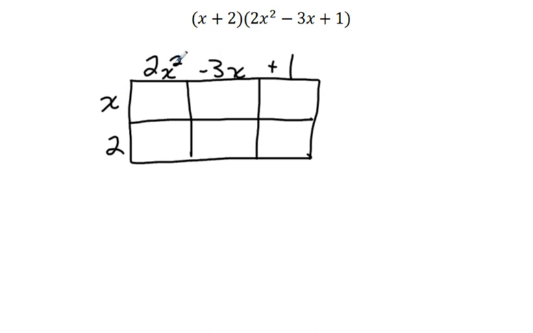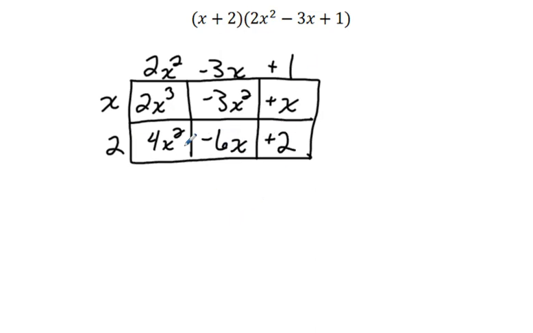So x times 2x squared is 2x cubed. x times negative 3x is negative 3x squared. And x times 1 is x. 2x squared times 2 is 4x squared. Negative 3x times 2 is negative 6x. And 2 times 1 is 2.